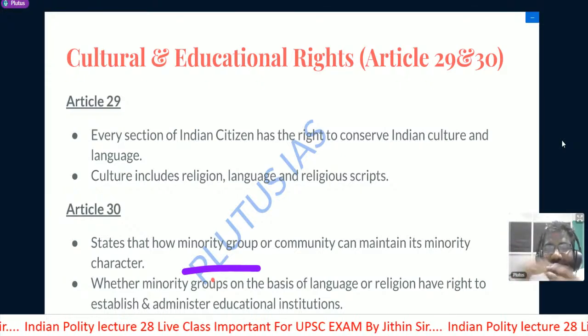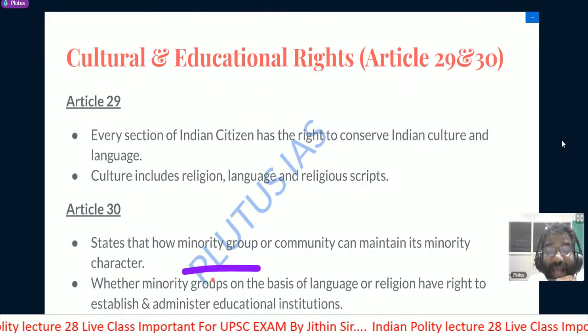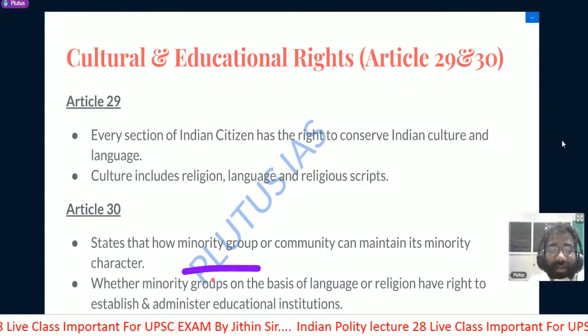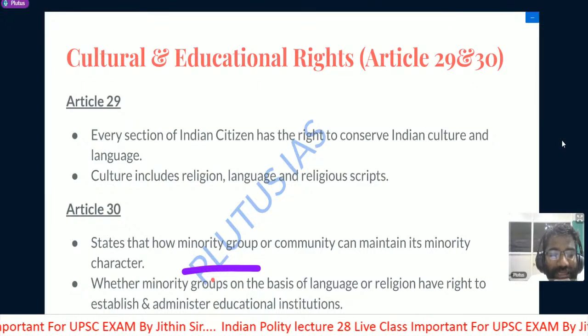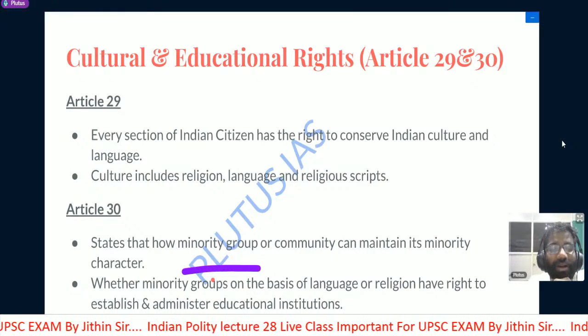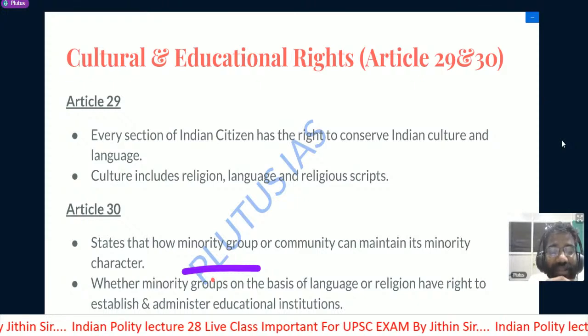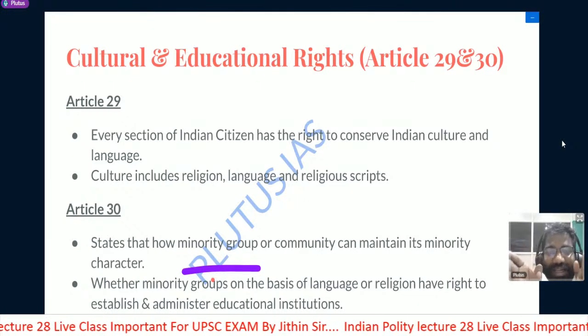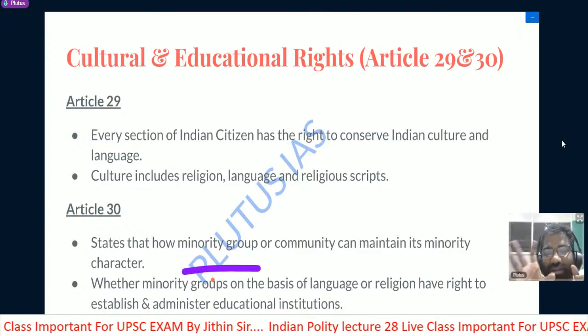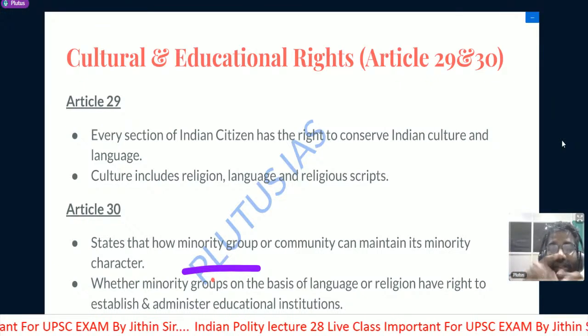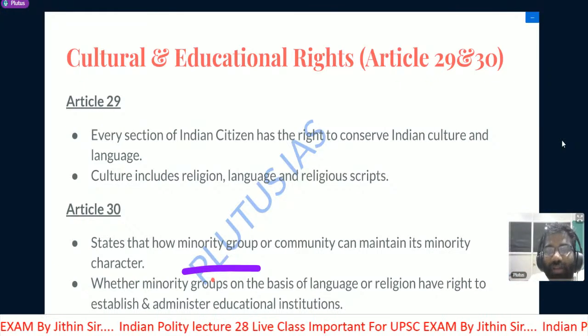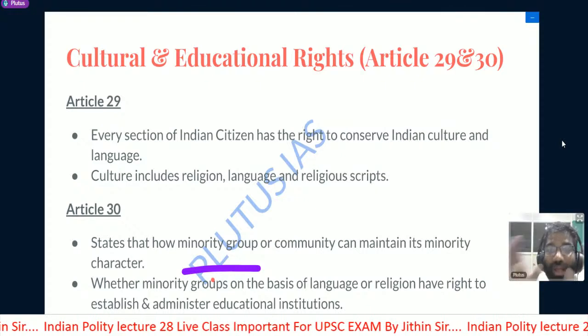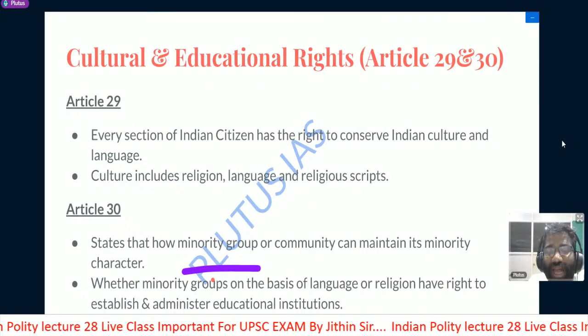Matlab, no one can superimpose themselves. Like Anglo-Indians, you have heard? There are certain groups of people who are called Anglo-Indians. They have the right to preserve their identity. No one can go and tell them to convert to another religion. They have the right to preserve their identity. Clear?